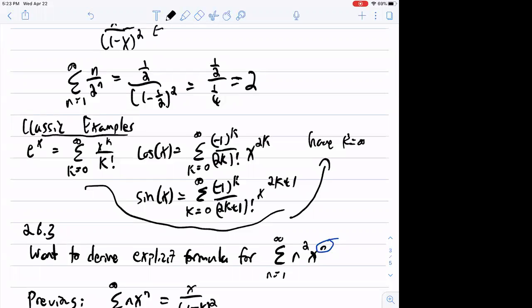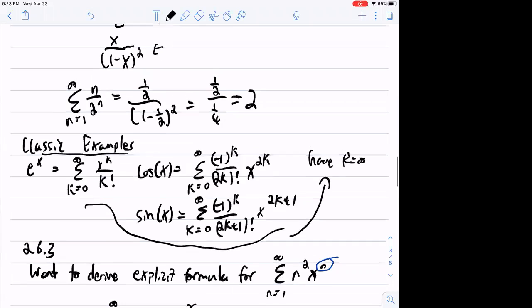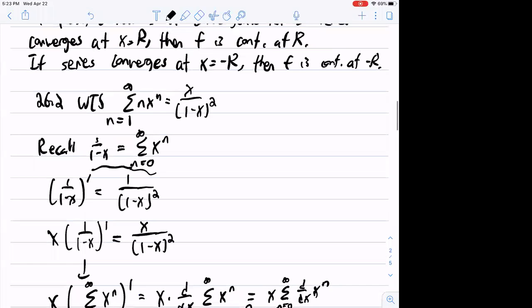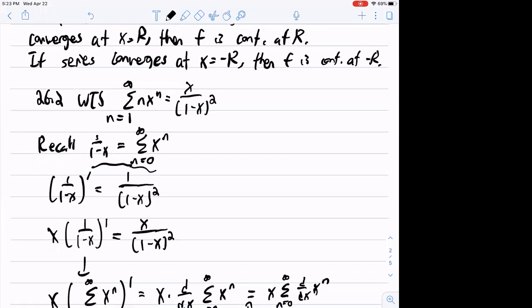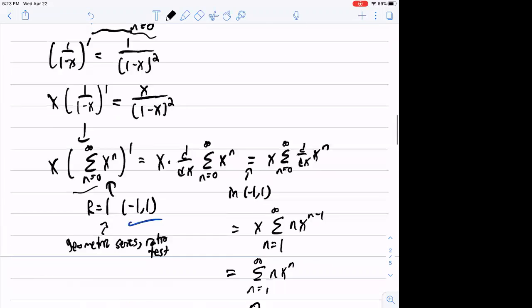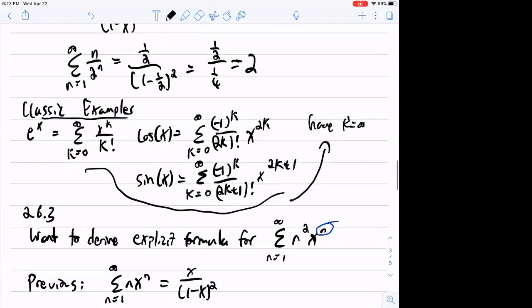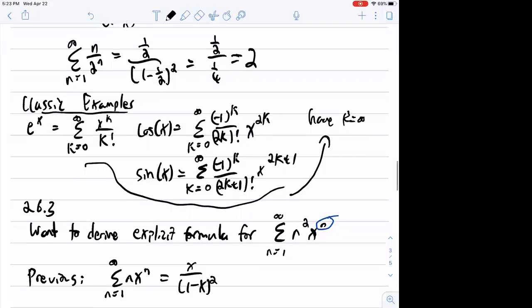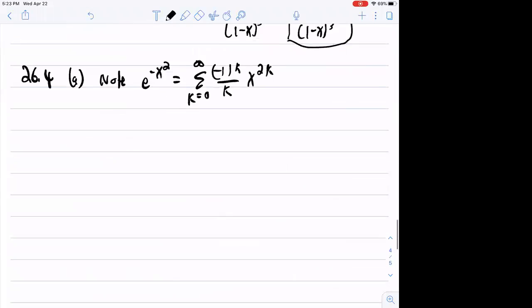So it converges everywhere, and you should expect this. You could plug in any value to e to the x and there's no problem. e to some negative number is still well defined, and cosine can take in any value without any issues. But something like 1 over 1 minus x, you can't take in the value 1. Clearly with e to the x, cosine and sine, you could plug in anything. So the radius of convergence is infinity.